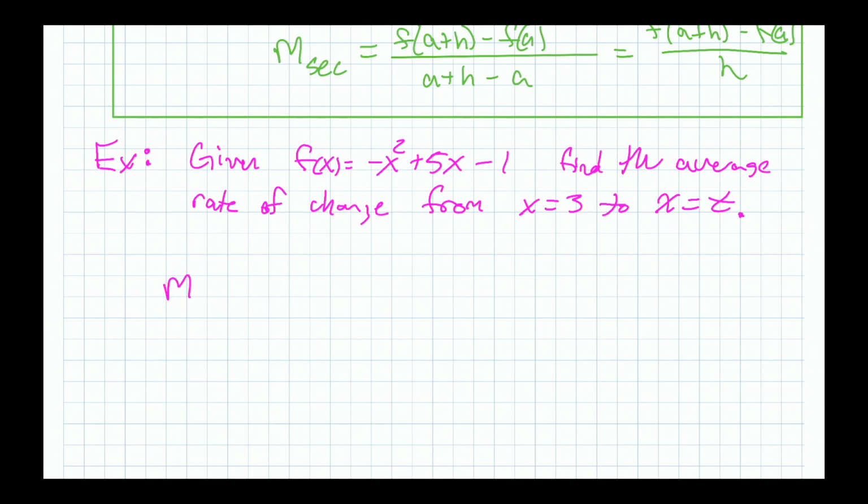So m secant, it's going to be this one now, f of a plus h minus f of a over... hold on here. You know what? I'm going to write this like this.